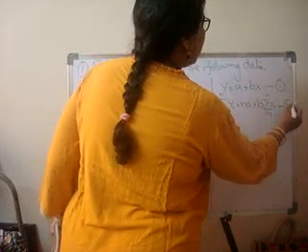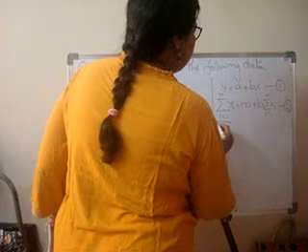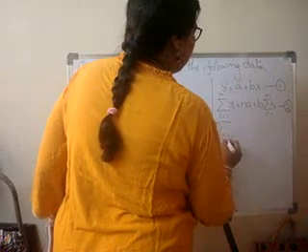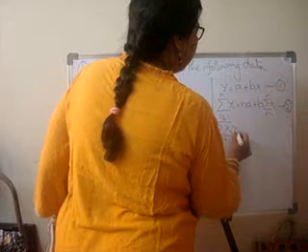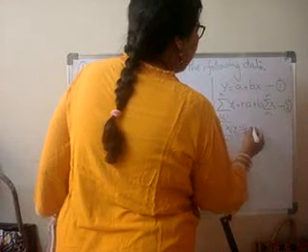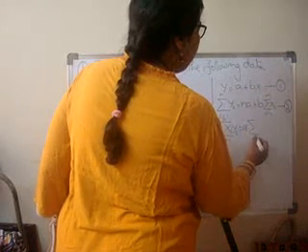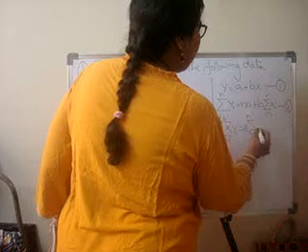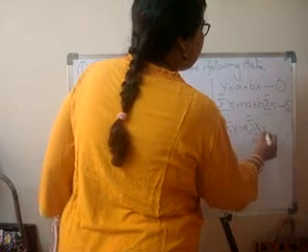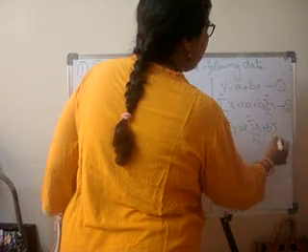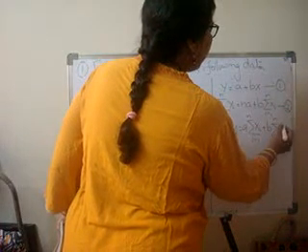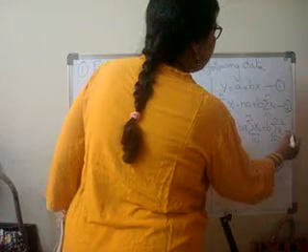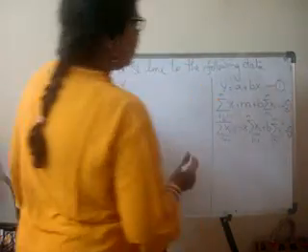This is equation 2. And the second one, summation over i from 1 to n, xi yi equals a summation over i going from 1 to n xi plus b summation over i going from 1 to n xi square. This is equation number 3.